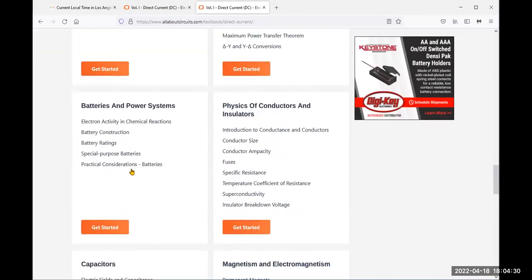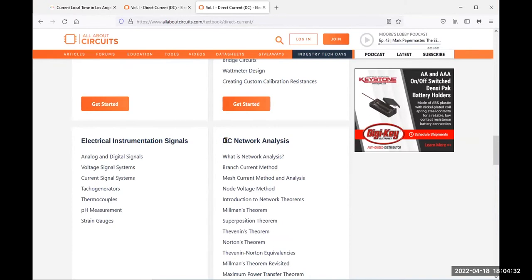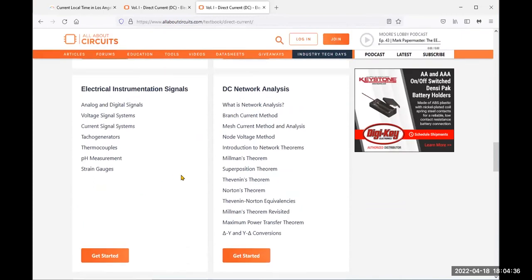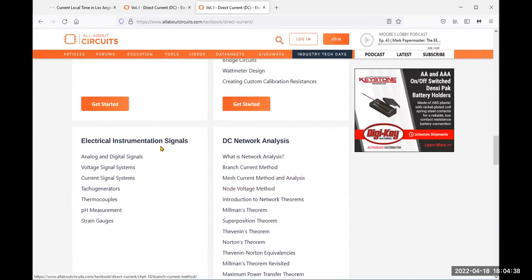Between the previous chapter that we covered, chapter 7, and chapter 12, there are some other chapters, but we are going to skip them. They are either just too much information or irrelevant, such as pH measurement. This is really not important to us.